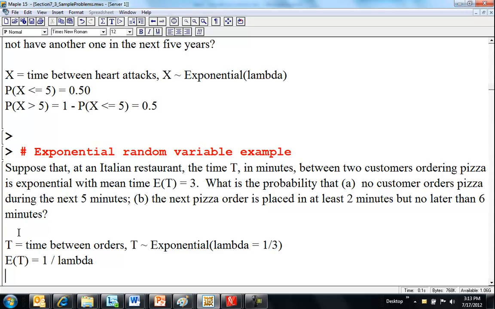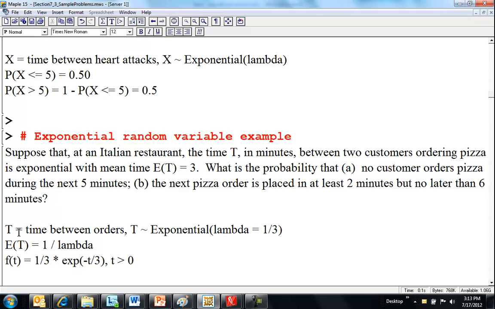So f of t, if I want to build a density function, is lambda, so 1/3 times e to the negative t over 3, and this is valid for t bigger than 0. Okay, so there's my function. If I want to find the probability time is more than 2 minutes, less than 1 minute, whatever I want to find, there's my density function that I would integrate.